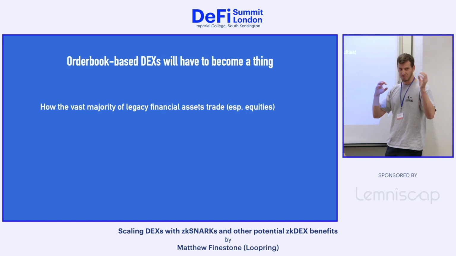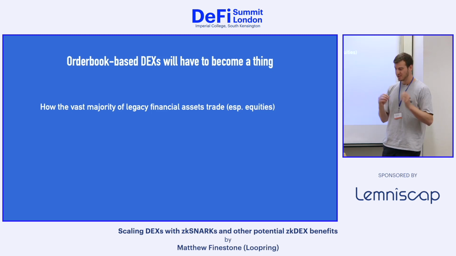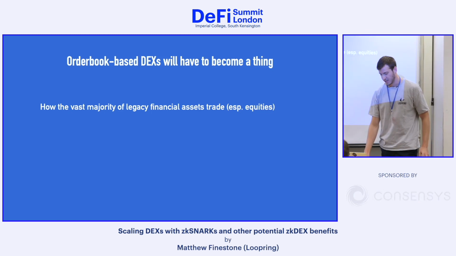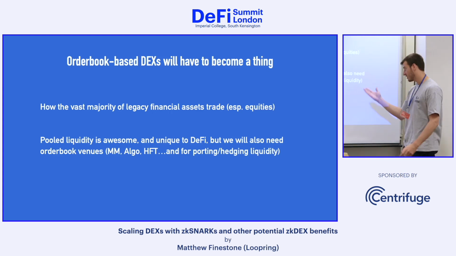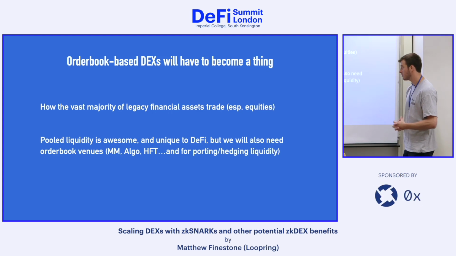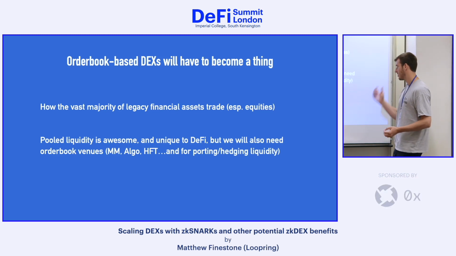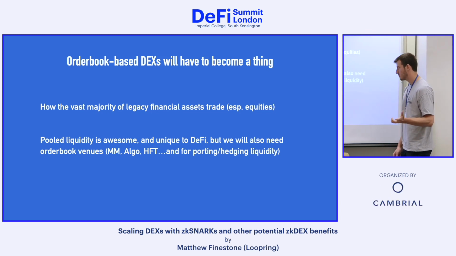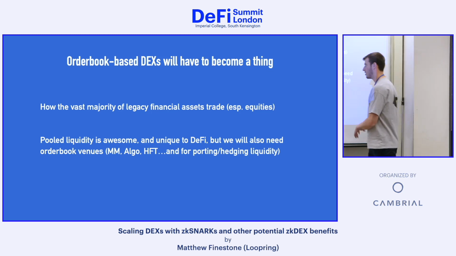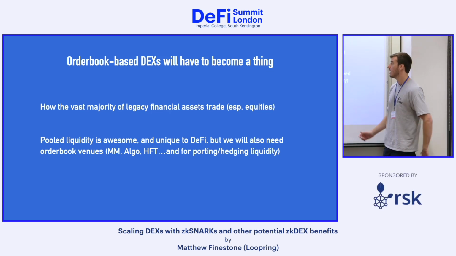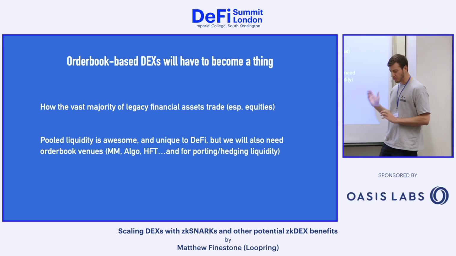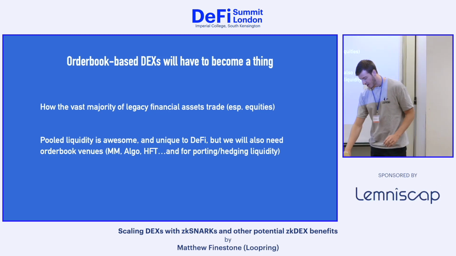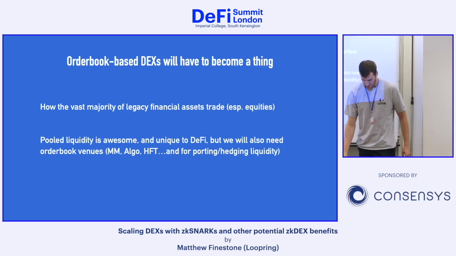It's a way that price-sensitive market participants find their price discovery and are able to very granularly control their entry and exit prices, etc. On the note that I just said, pooled liquidity is indeed really cool, and it's unique to DeFi, and it's something that's propelling it, but we will also need order book venues for the professional type traders, market makers, algorithmic traders, high frequency traders, and importantly for porting the liquidity onto the pooled models, where the price could be discovered from the order book mechanisms and used to port over and to hedge those positions for arbitrageurs.